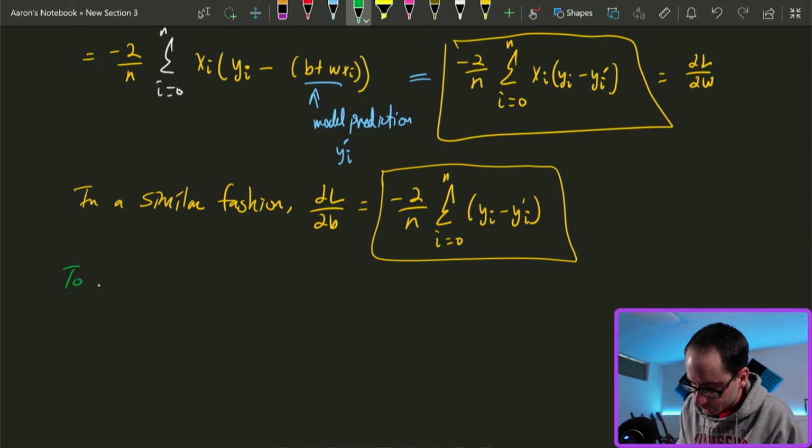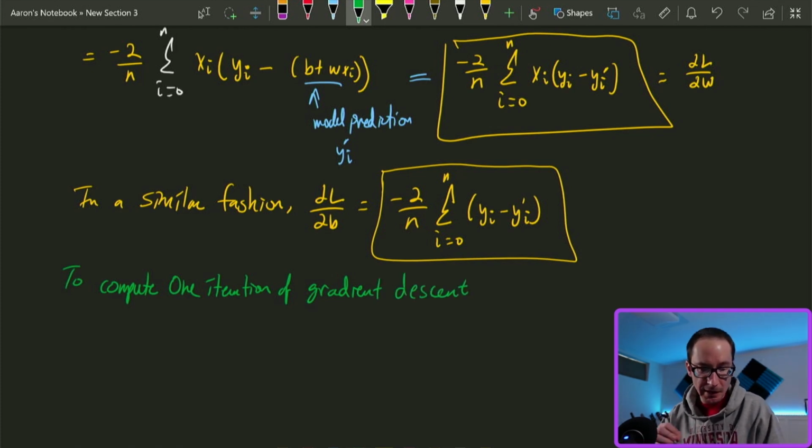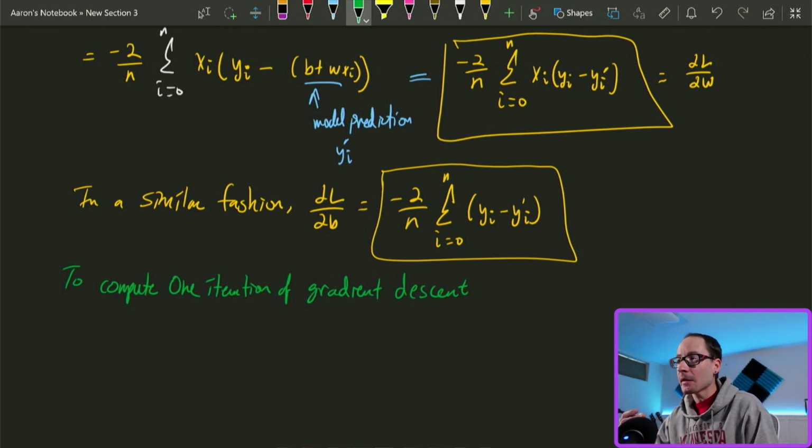To compute one iteration of gradient descent, we just need to update our values of W and B based on the value that we have here, okay?